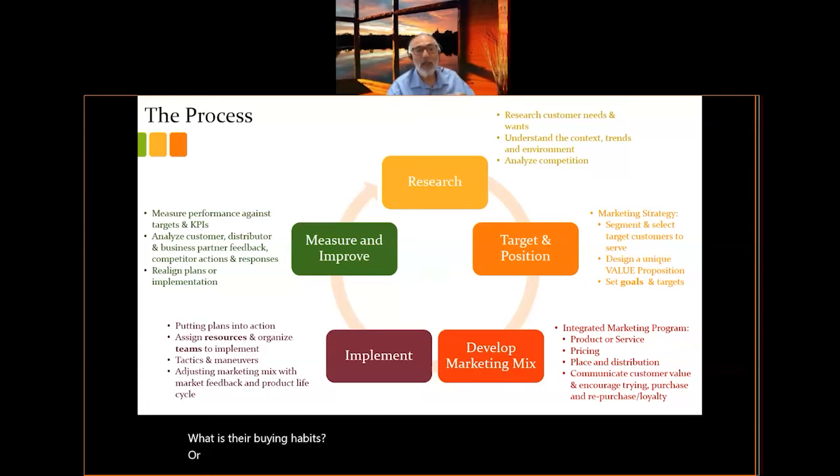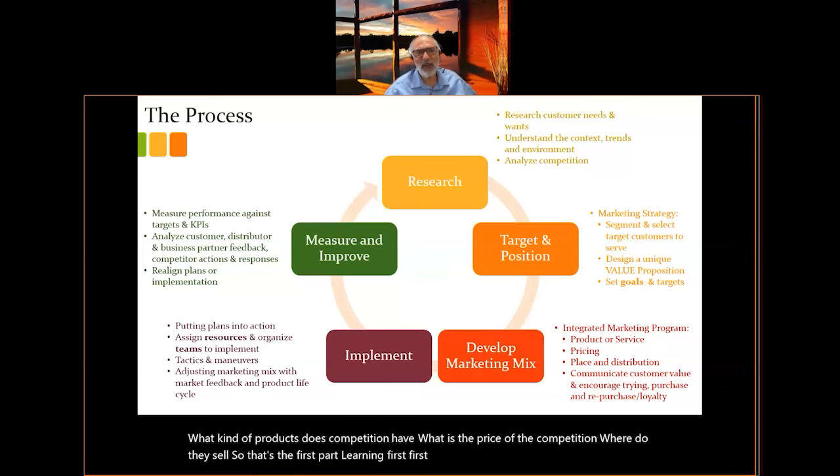And who's the competition? What is the competition offering? What kind of products does the competition have? What is the price of the competition? Where do they sell? So that's the first part, learning first. Before producing something and finding out that customers don't like it, let's first focus on understanding our customers and learning about them.